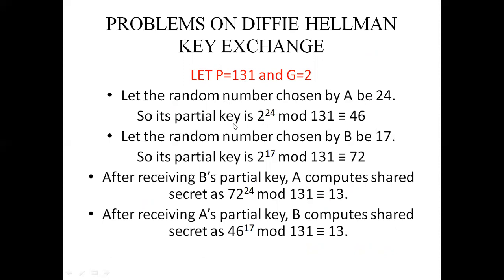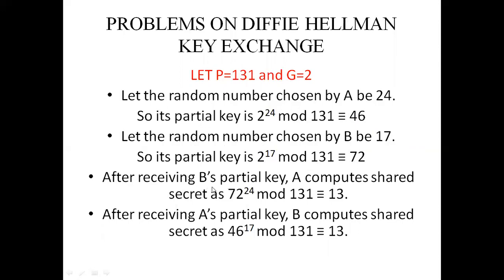So the partial key is the generator 2 to the power 24 mod 131, which gives the answer 46. For B, let the random number chosen by B be 17. I've taken my random number as 17. Same as A, 2 raised to the power 17 mod 131 gives the congruence modulo 72.